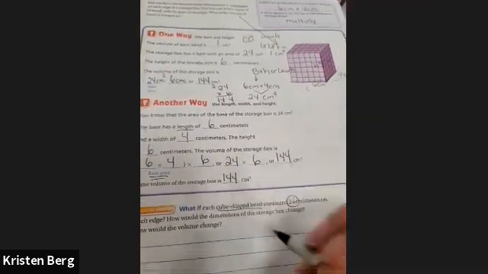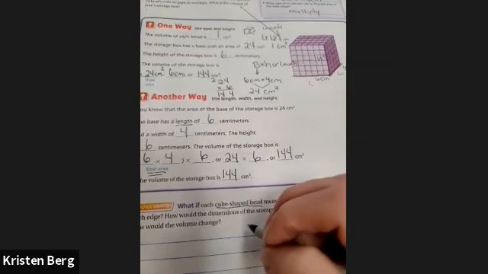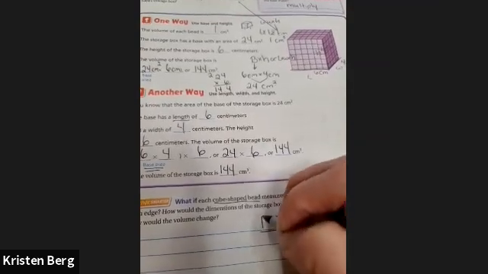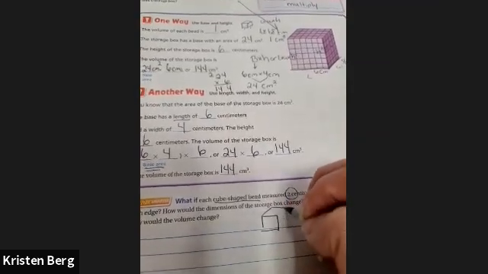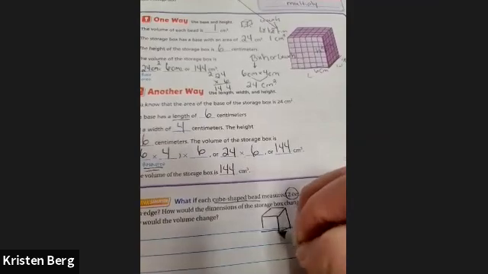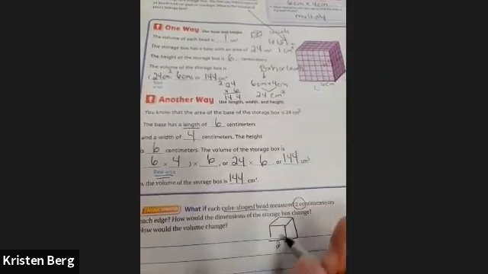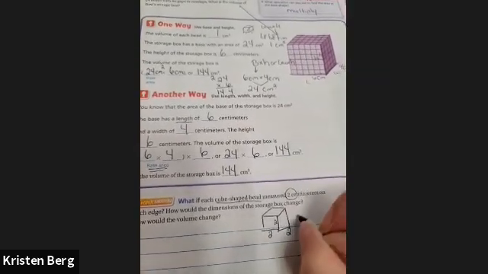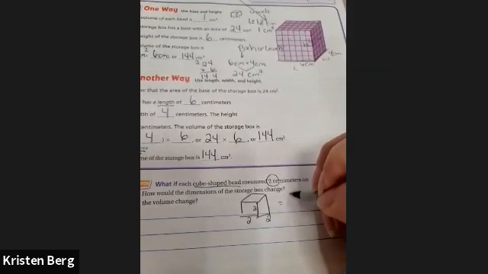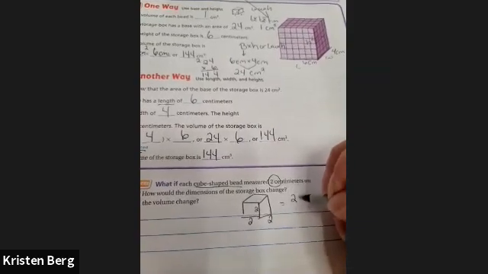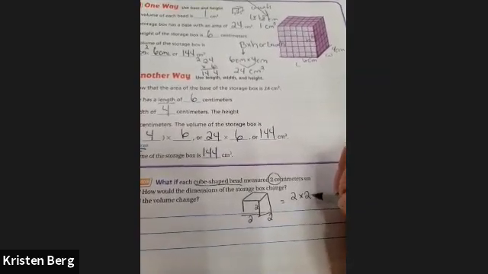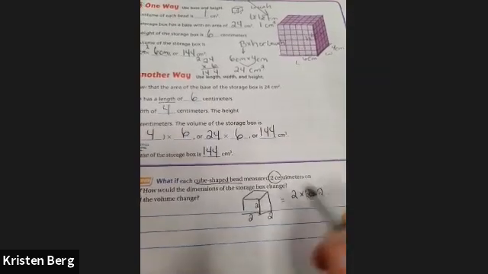Instead of being 1 by 1 by 1, each cube is now going to be 2 by 2 by 2, length times width times height.